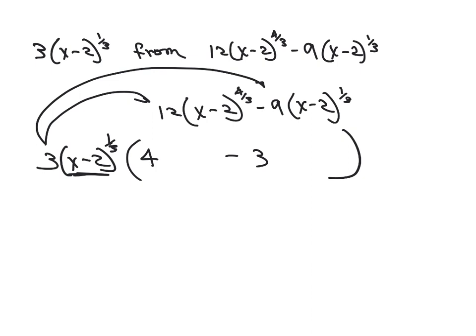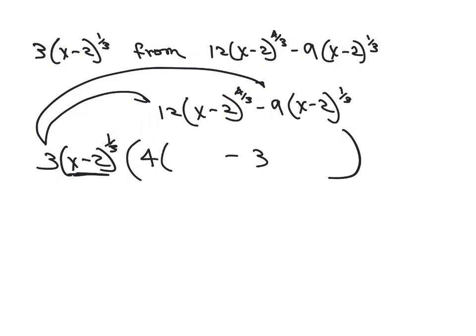Okay, now we're okay. So now I'm trying to figure out how many times does x minus 2 to the 1/3 go into x minus 2 to the 4/3. All I have to do here, we're dividing, right? How many times does this go into this? When you're dividing, you take the numerators and subtract them. 4 minus 1 is 3.